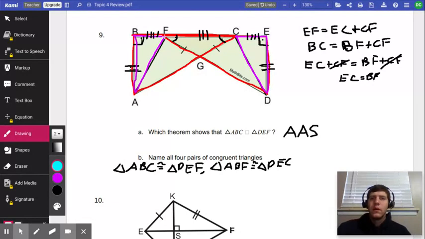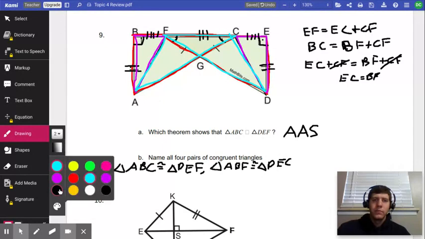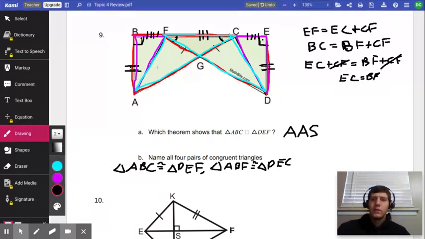Okay. And then if we look here at these big ones here, right? We know that, well, there's an angle there and an angle here. Right? We know that these sides are congruent, right? Because of the purple triangles.